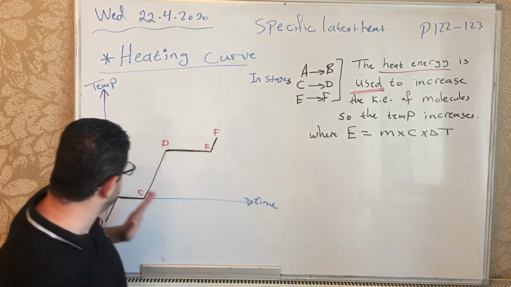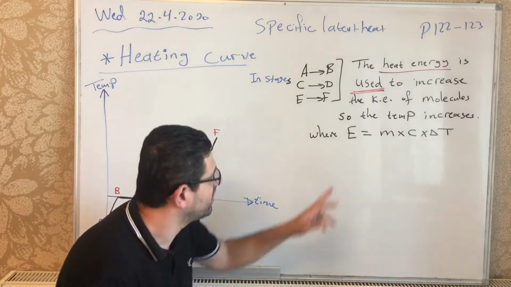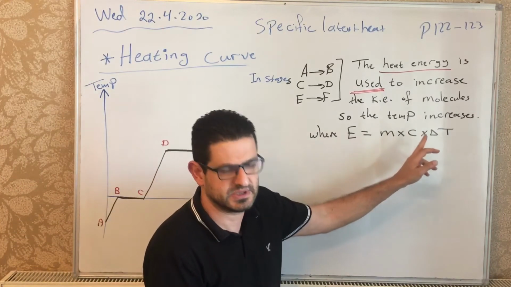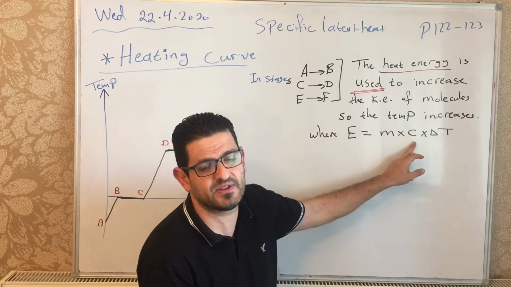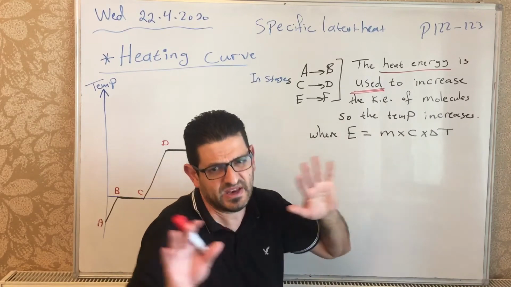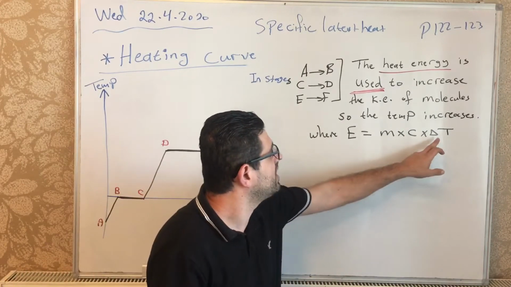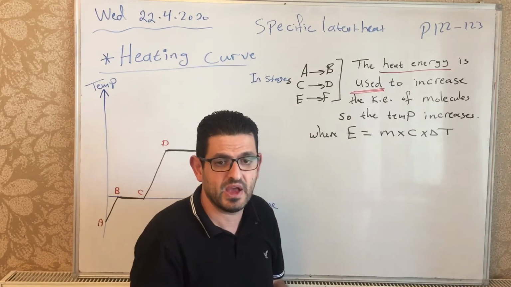So in stage AB, in stage CD, in stage EF, we will use mc delta T. C is different from A to B, different from C to D, different from E to F. Of course, this number should be given to you. The change in temperature is different, but the equation is the same.